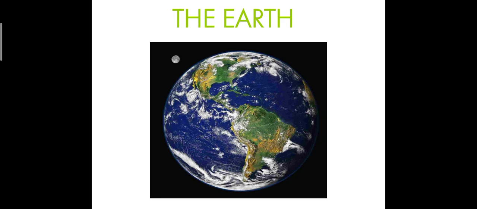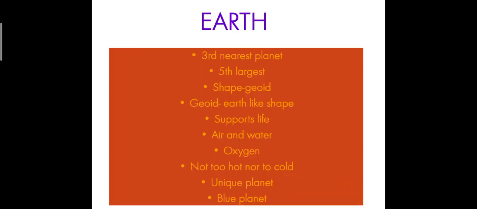Let's see what the Earth is. Children, Earth is the third nearest planet. Okay, Mercury, Venus, Earth. So Earth is the third nearest planet, and in size it is the fifth largest. Okay, and it has a geoid shape.